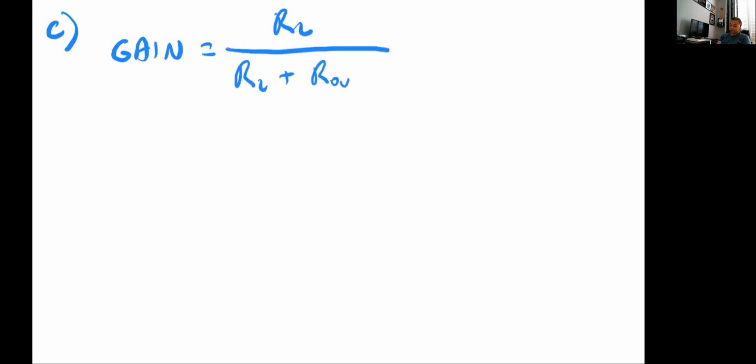And again, when this circuit was analyzed, and that's in the book, we see that the actual gain is going to be RL divided by RL plus R out.